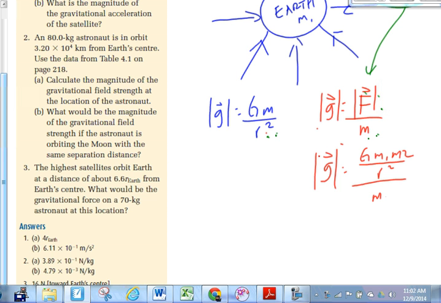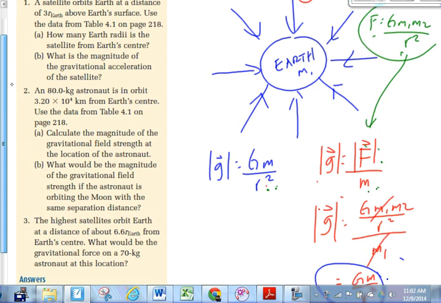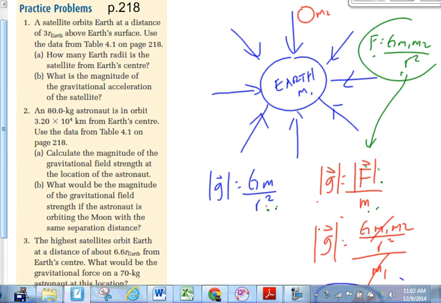Well, this mass we're going to call m1, the mass of the experiencer. m1 cancels. What am I left with? G m over r squared. So basically this becomes the blue equation, right? Usually you're not going to bother solving for F and then plugging it into there.